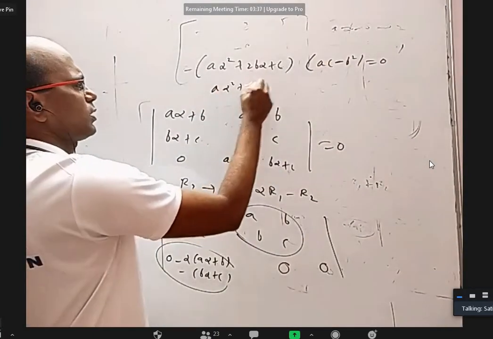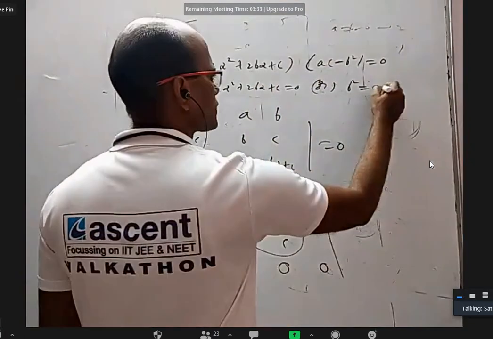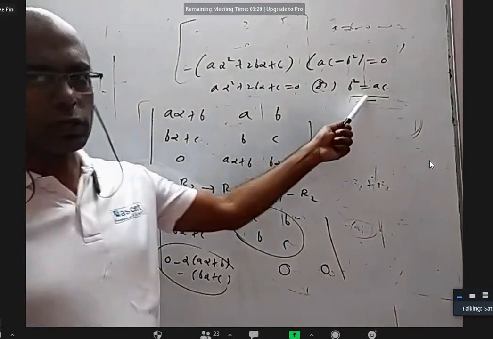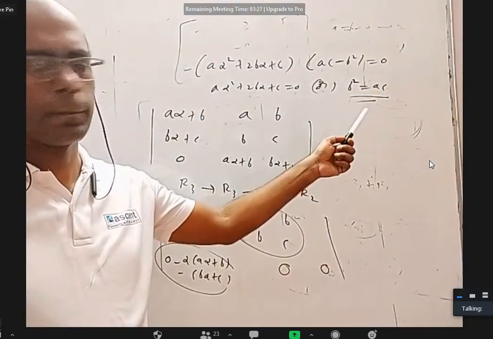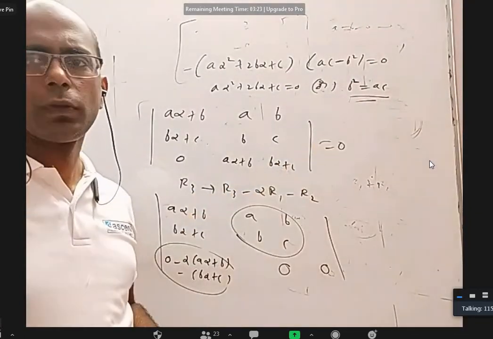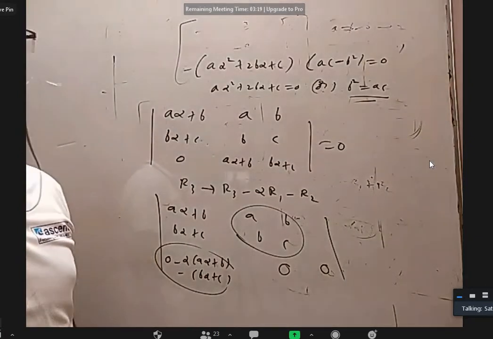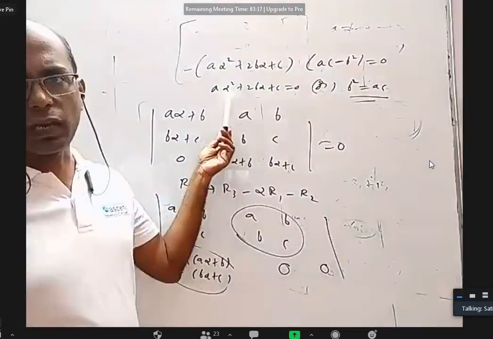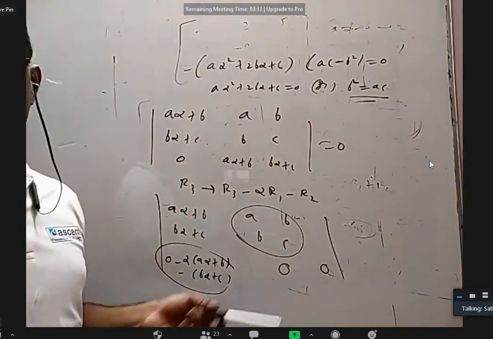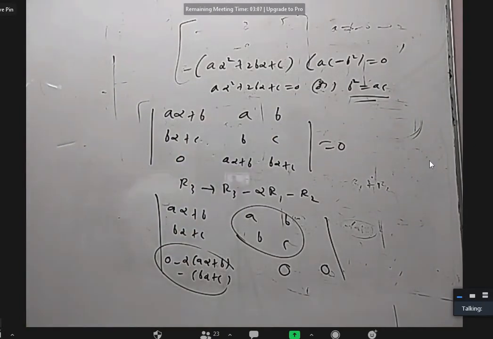A alpha square plus 2B alpha plus C is 0 or B square equals AC. If B square equals AC, then A, B, C is in geometric progression. And from this you can tell alpha is the root of the quadratic equation ax square plus 2bx plus c equal to 0. That's how we'll get option A and option D.